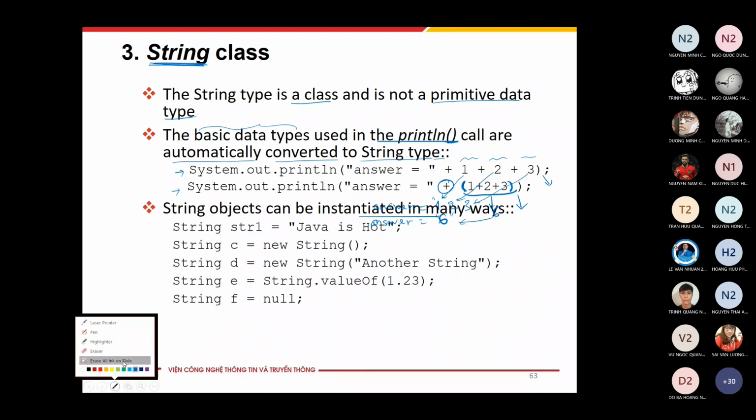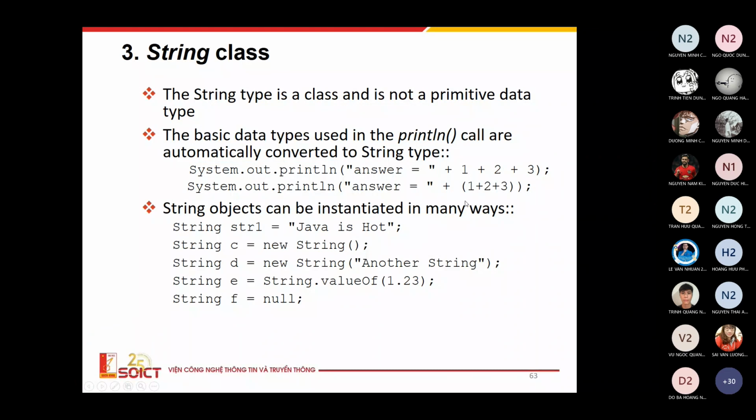We have many ways to initialize a string. Firstly, the one you see many times in your exercises and examples: you use this symbol to represent the string. But when you know that String is a class, you can use this syntax, the same as with other objects.